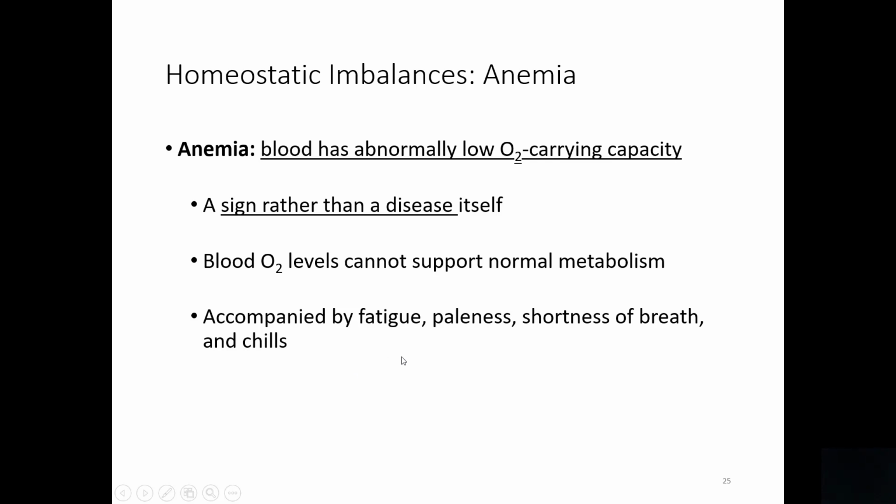When the oxygen level is low in blood, it means that cells do not receive enough energy and cannot support their normal metabolism. So that can cause fatigue, paleness, shortness of breath, chills, and other symptoms in patients.